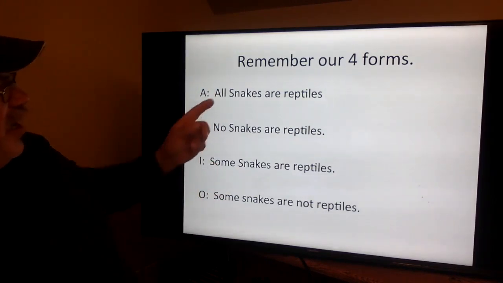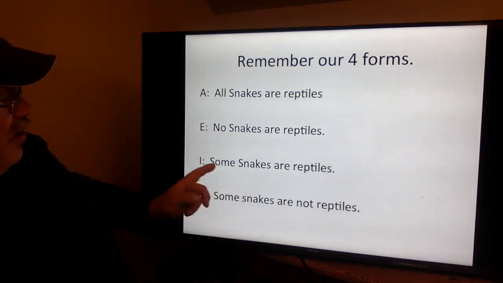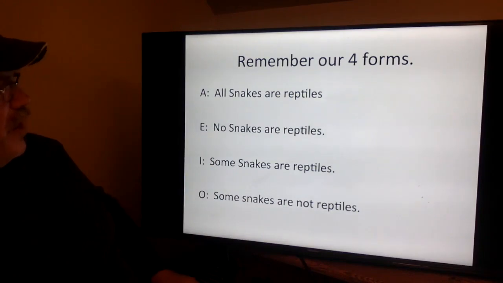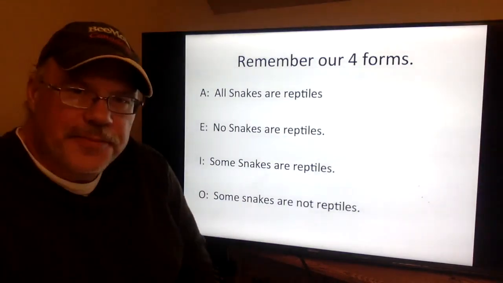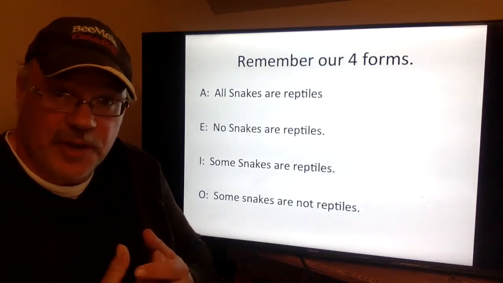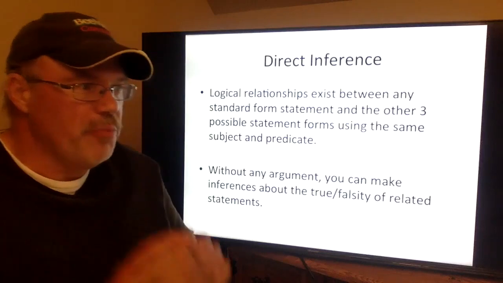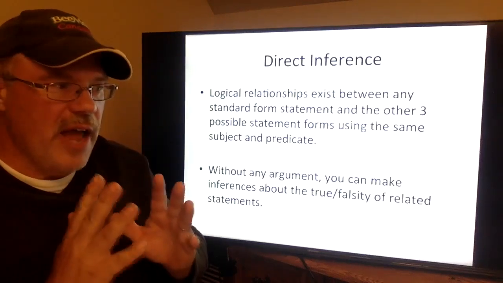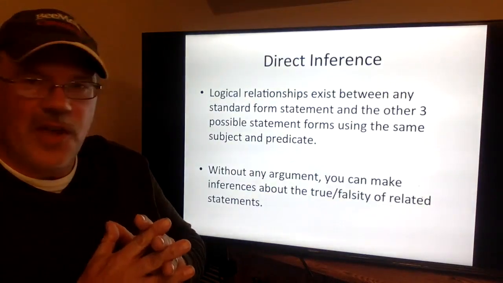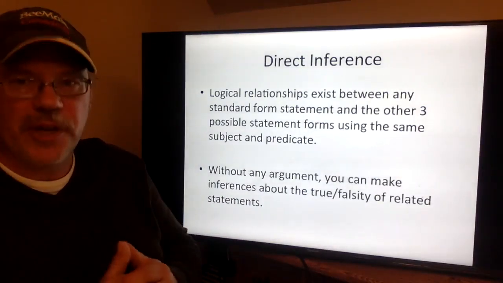The quality is the positive versus the negative. So if you can see that, then you're ready for the concept of direct inference. Direct inference is the relationship between any standard form statement and the other three possible statement forms when you have the same subject and predicate.